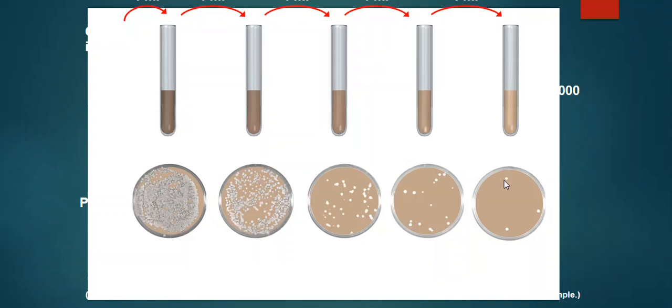Then what you do is count the number of colonies that you see and multiply it by the dilution factor of the sample you took it from. So if we took it from this sample here, let's say we have 3 colonies, then we multiply 3 by whatever that dilution factor was. If this was the 5th one on here, we would multiply those 3 colonies by 10,000.